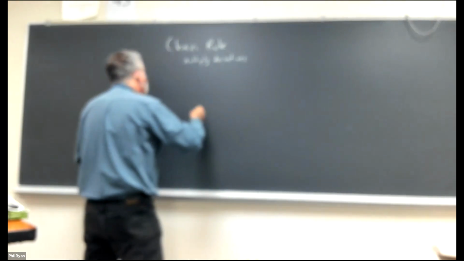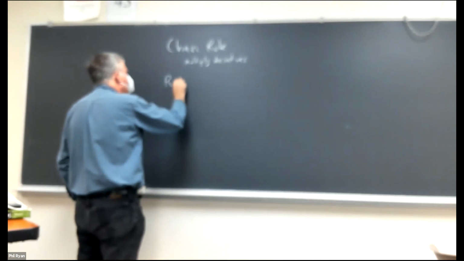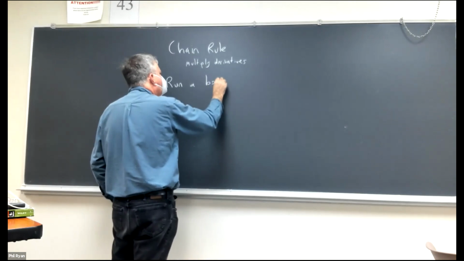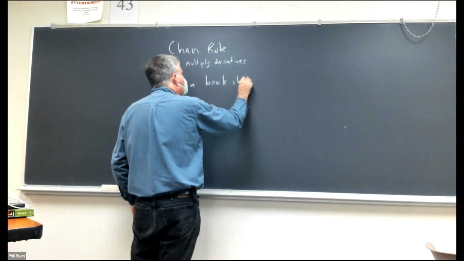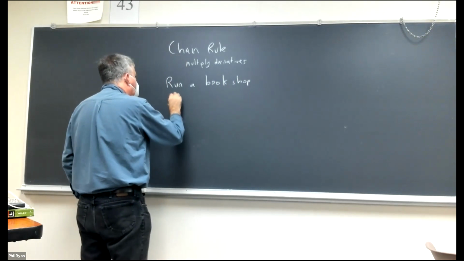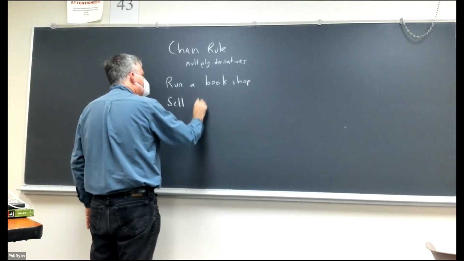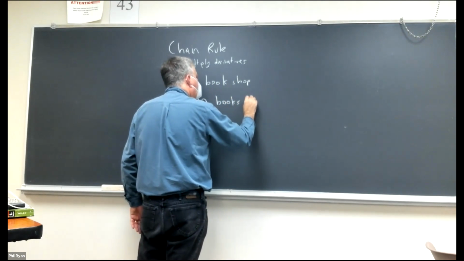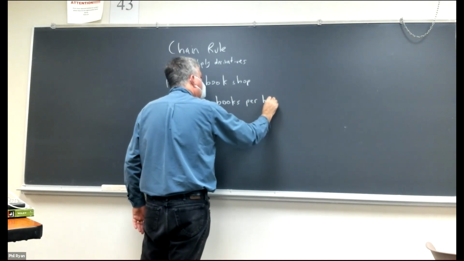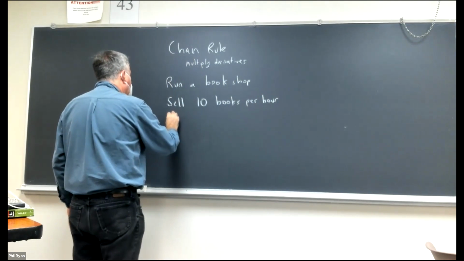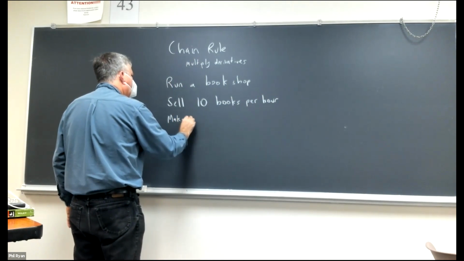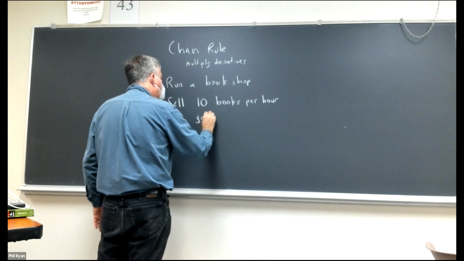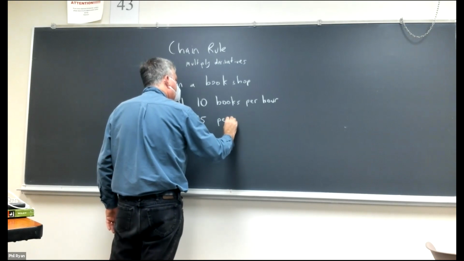So let's say we run a bookshop. We sell 10 books per hour, and we make $5 per book.